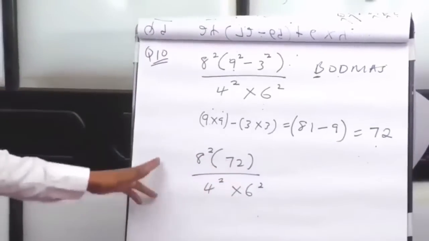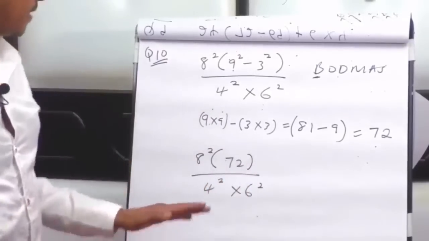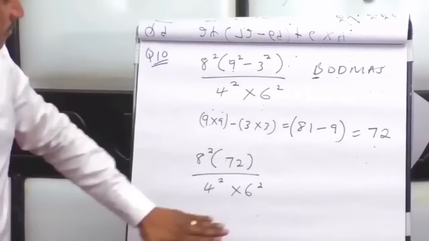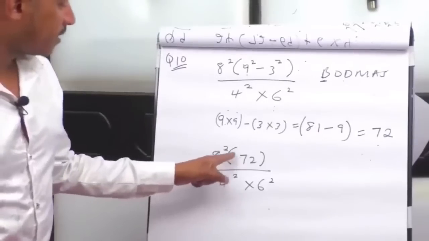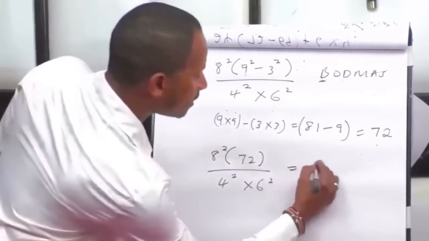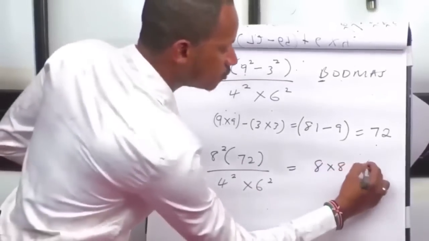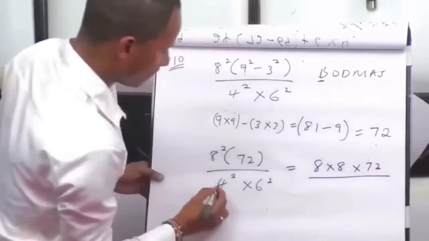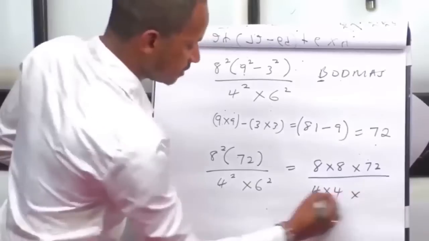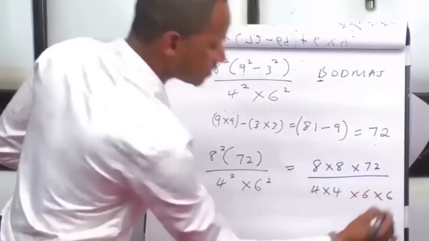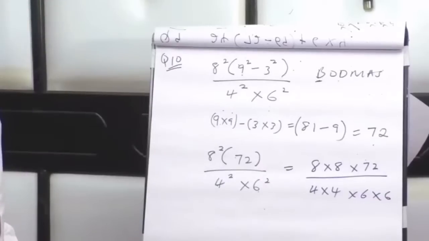Instead of simplifying the numerator and then dividing by the simplified denominator, we can deal with this by cancellation. 8 squared means 8 times 8, then times 72, divided by 4 squared, which means 4 times 4, times 6 squared, which means 6 times 6. So this can be dealt with by simply doing cancellation.